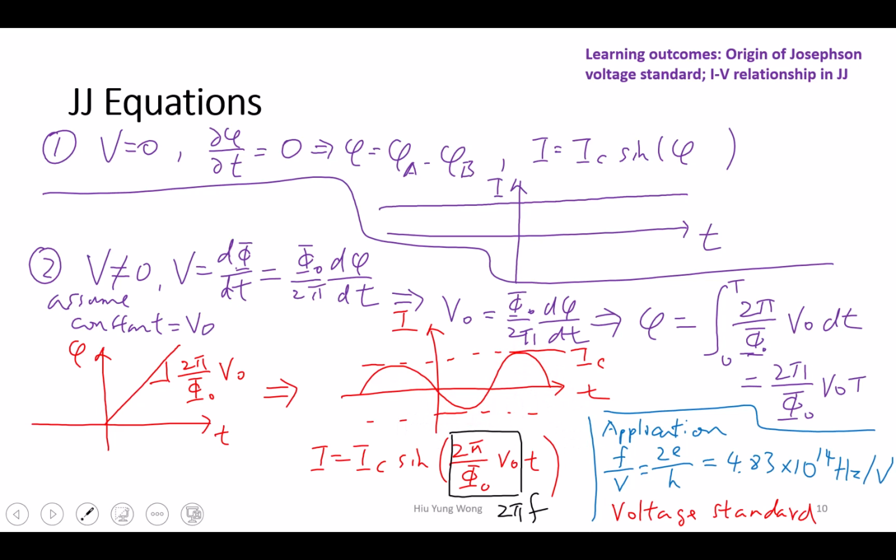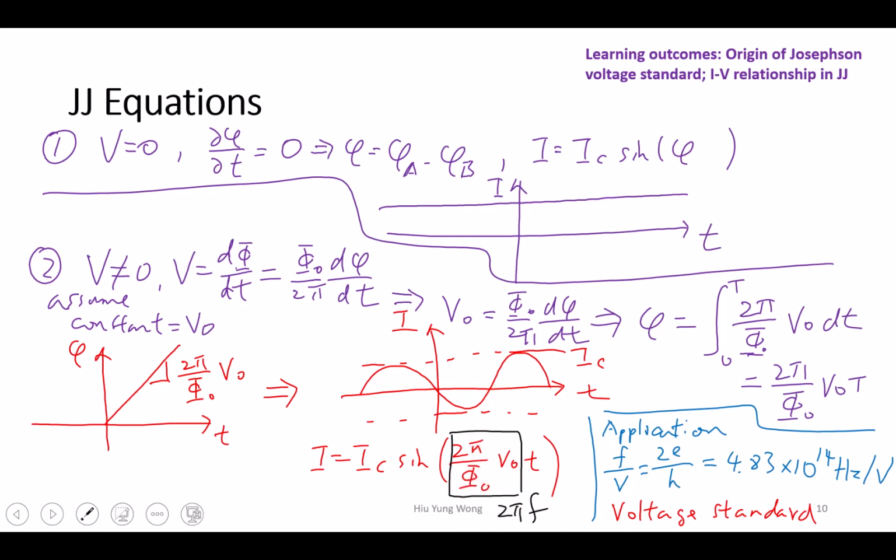So V divided by phi naught equals F. The frequency is the voltage you apply across the Josephson junction divided by this flux quanta. So that's why F divided by V equals 1 over phi naught.